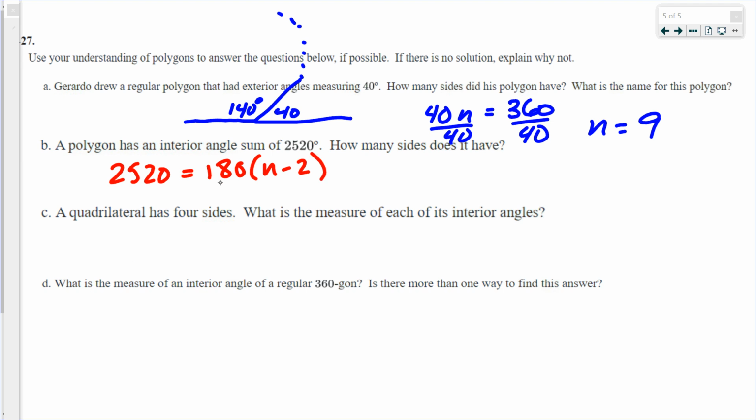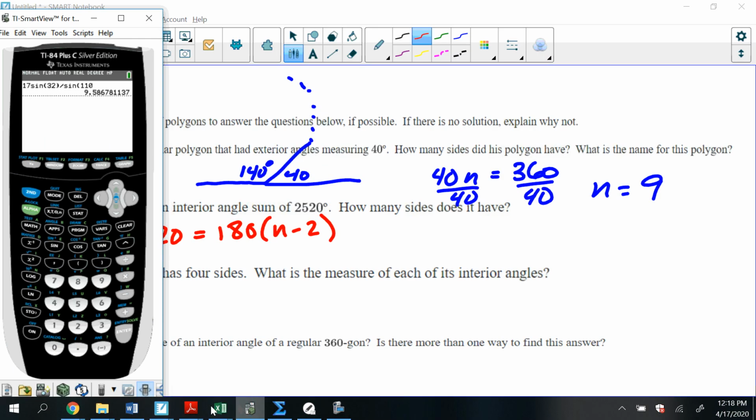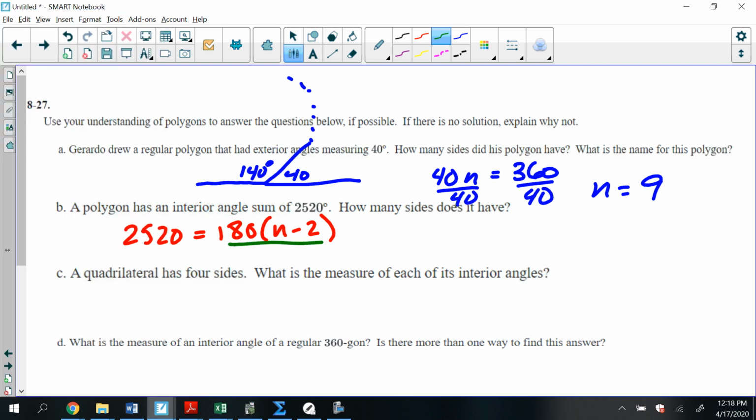So what I can do is divide by 180, which I'll do on my calculator here: 2520. That's 14. So that would say 14 equals n minus 2. That's pretty easy to solve from there. I just add 2. I have n equals 16.